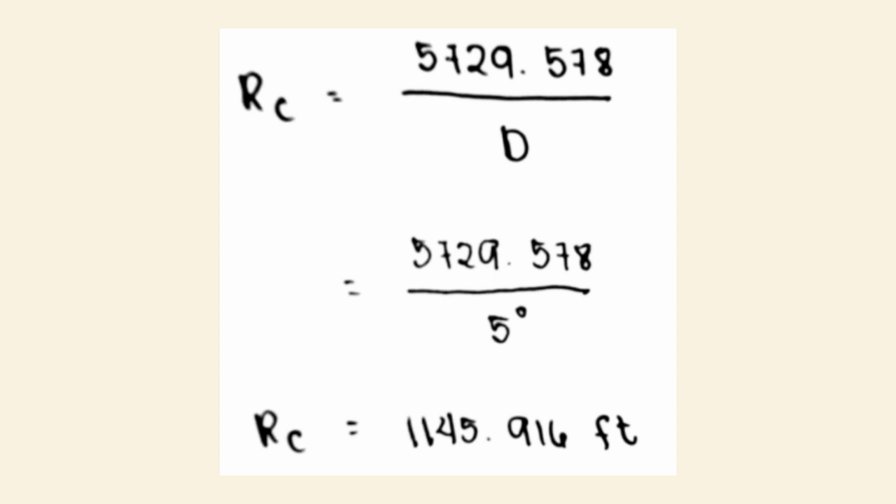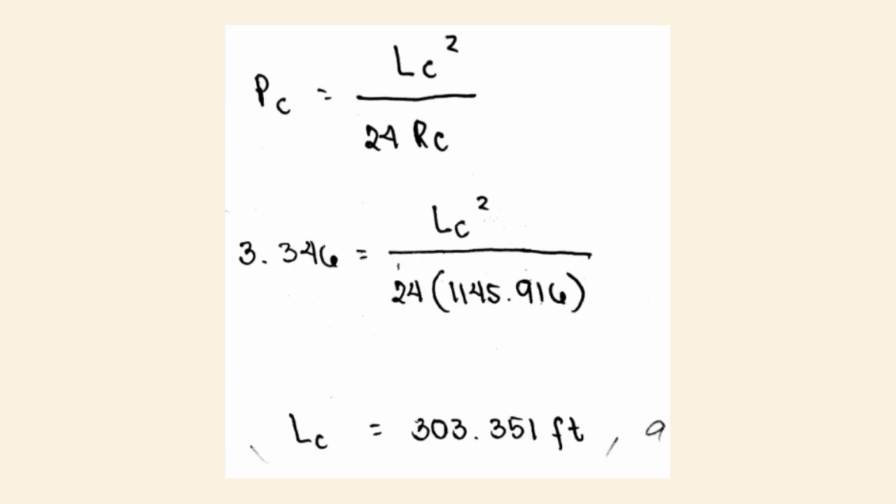But in the arc English system, r is computed as 5,729.578 over D. Substituting values, it is 5,729.578 over 5 degrees. So the value of r now would be 1,145.916 feet.